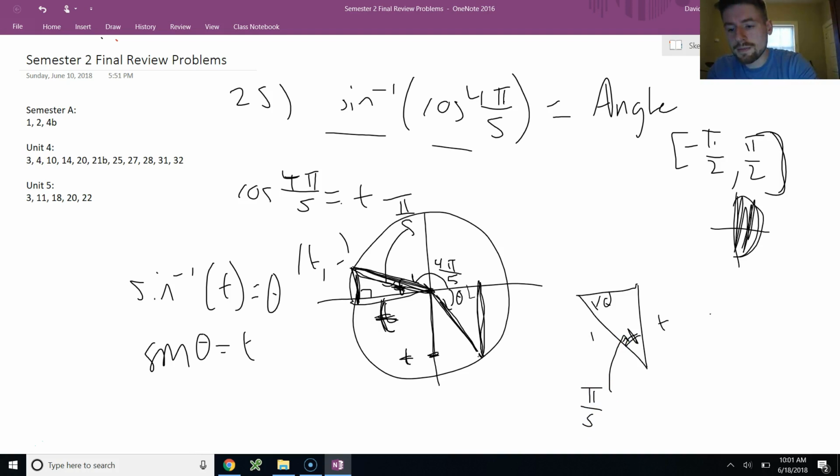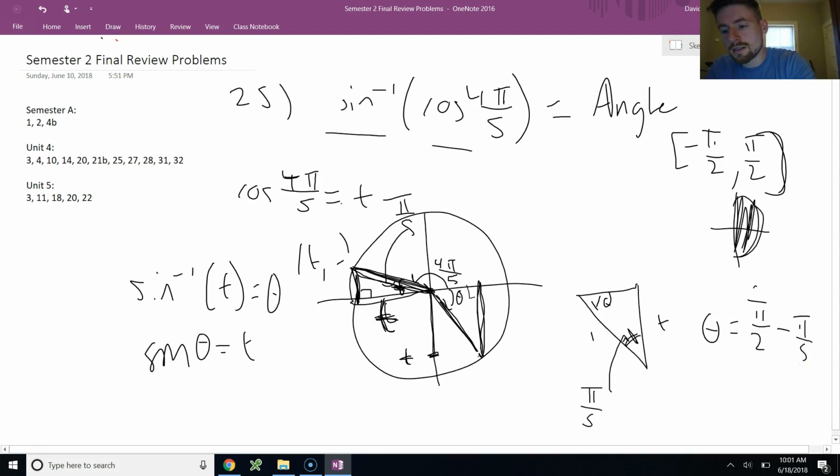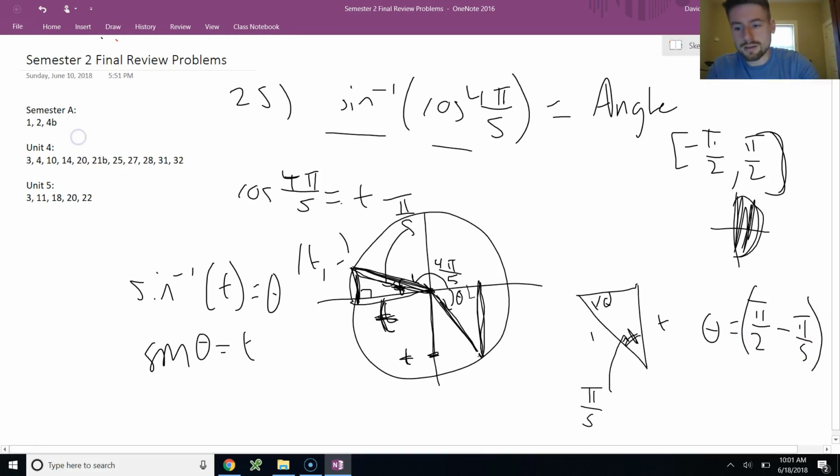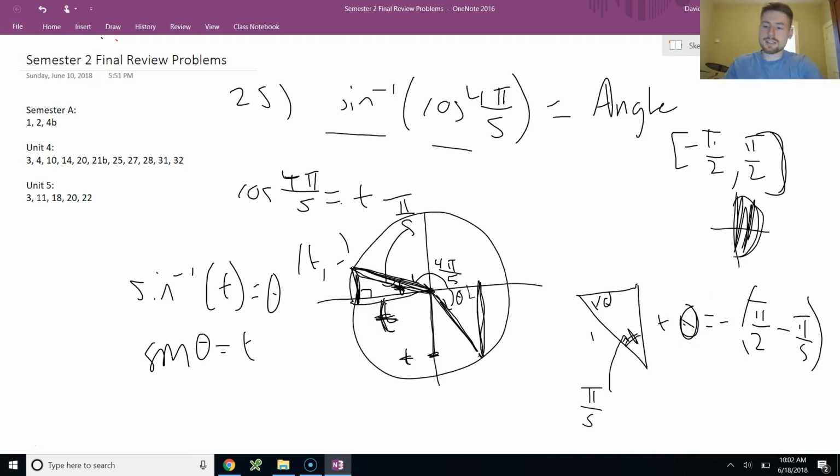And so what would theta be? Theta is going to be pi over 2 minus pi over 5. But then, since it's in quadrant 4, we know it's the negative of that. Theta is equal to the negative of whatever this is, because it's in quadrant 4, and this is a positive angle right here, and we need to be in quadrant 4, so it's going to be negative.